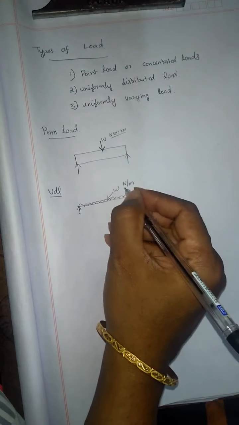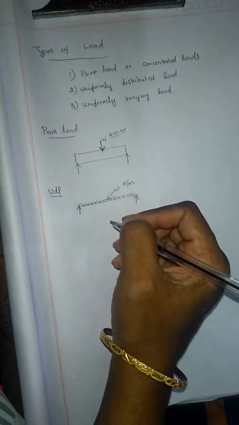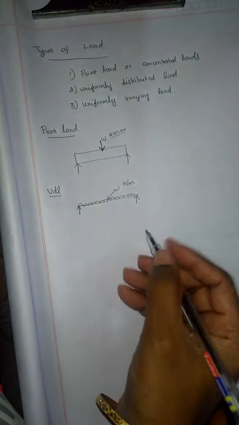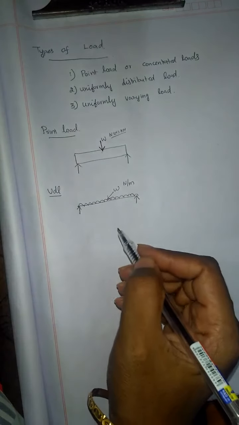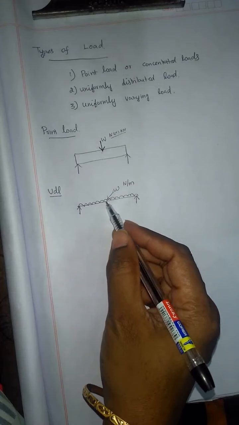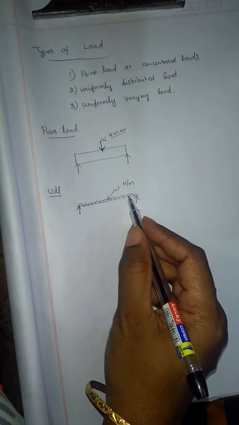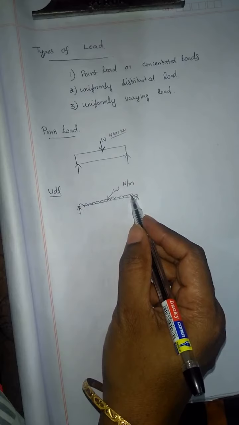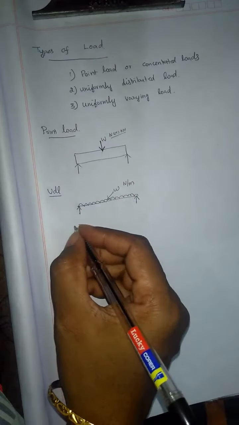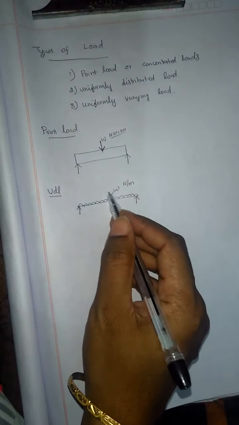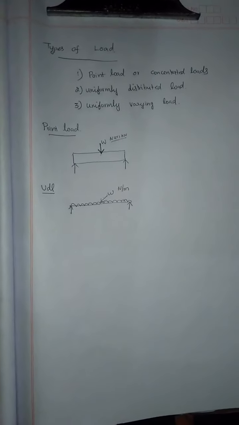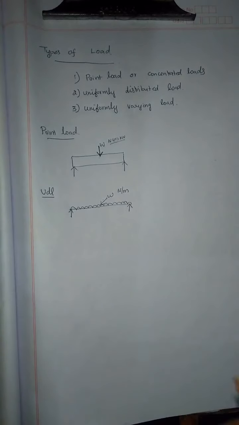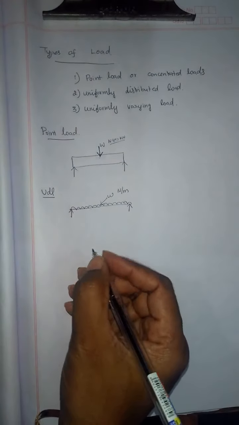The uniformly distributed load is one which is spread over a beam in such a manner that the rate of loading W is uniform along the length. The rate of loading will be expressed as W Newton per meter. The load will be distributed uniformly throughout the length of the beam.